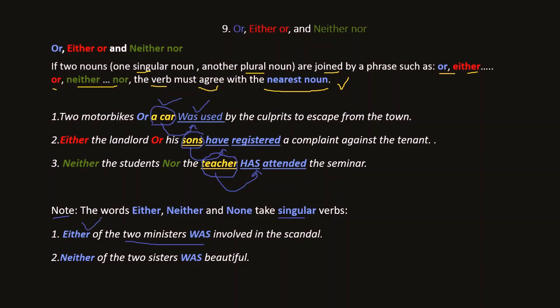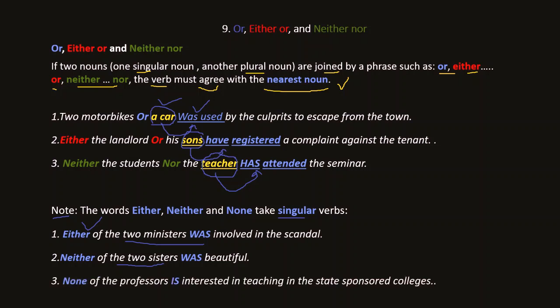Both either and neither must be used only with two nouns, but none can be used when there are several nouns. None of the professors is interested in teaching in the state-sponsored colleges. Here we use a singular verb is.